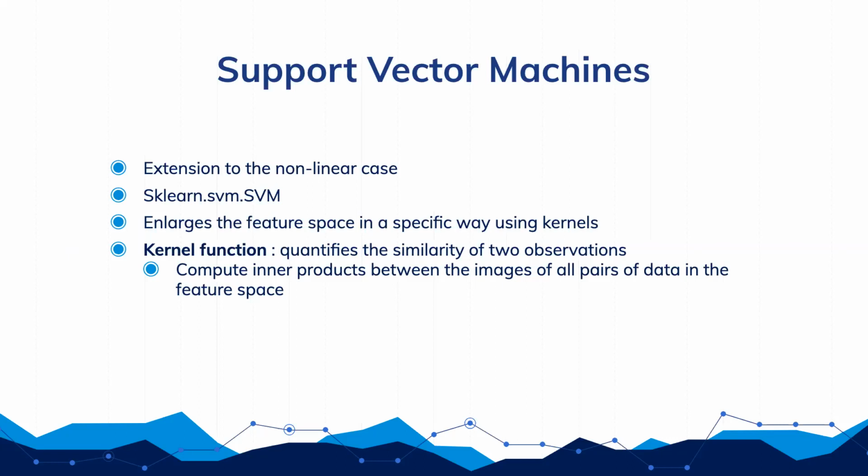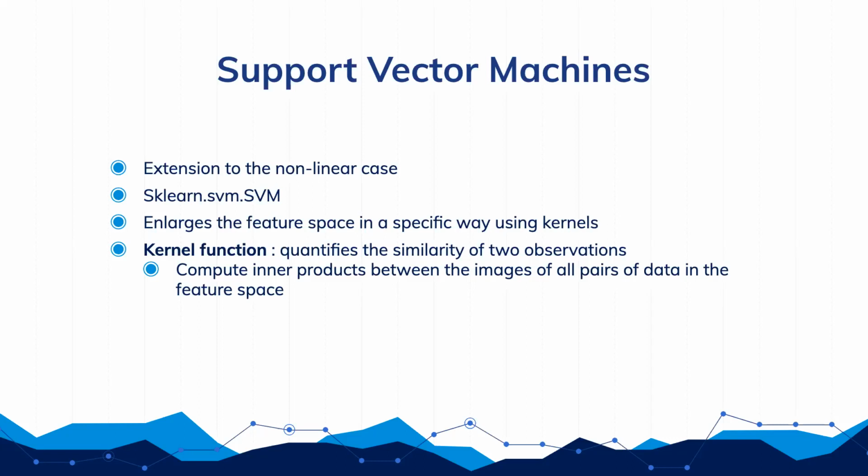So the next step is to use support vector machines. This is an extension of the support vector classifier, and it's actually not such a trivial extension, but I'll just go over the basics here. Basically, it uses kernels, and kernels are functions that enlarge your feature space so that you can use a linear decision boundary for the classifications.